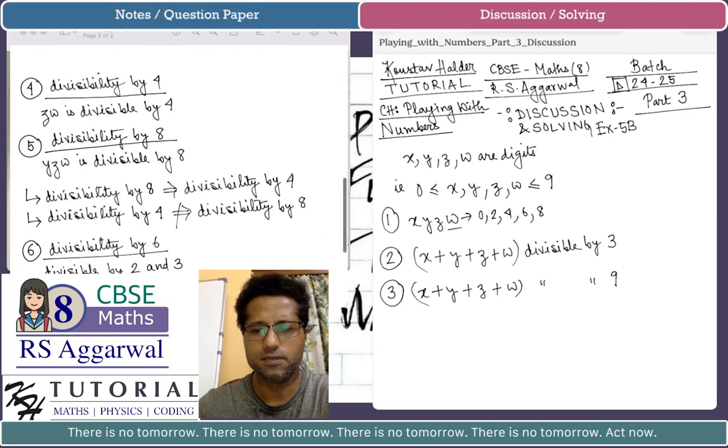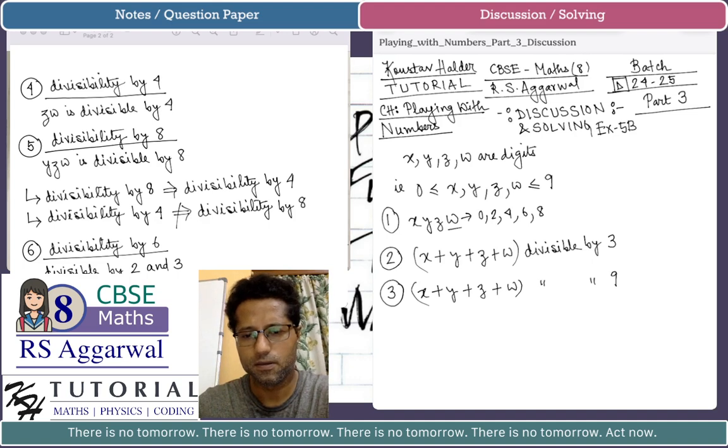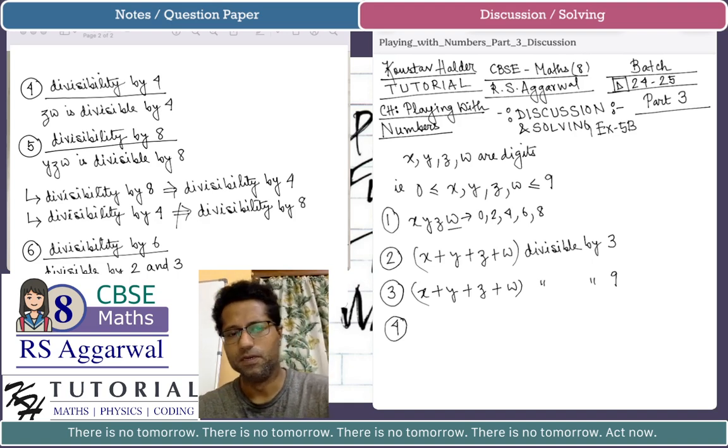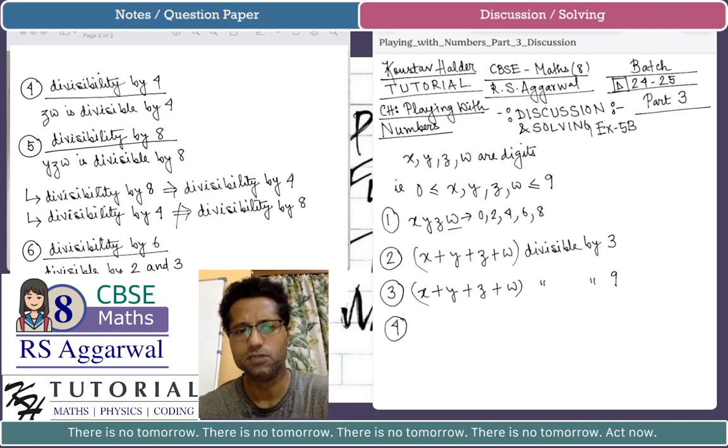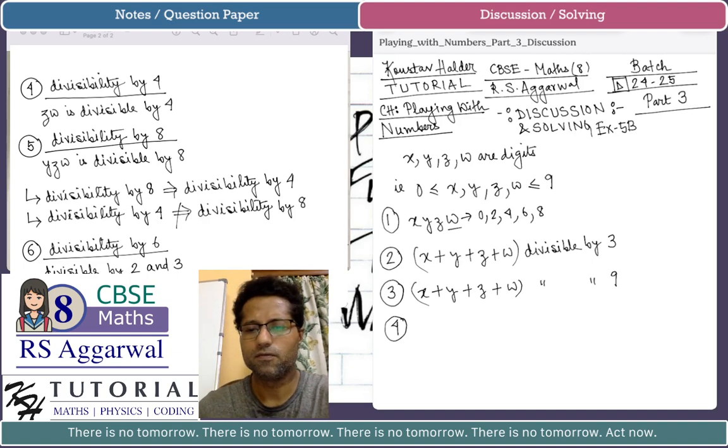Number 4 is divisibility by 4. So any number will be divisible by 4 if the number formed by the last 2 digits is divisible by 4. So in our discussion, the number we have assumed to be x, y, z, w, a 4-digit number.